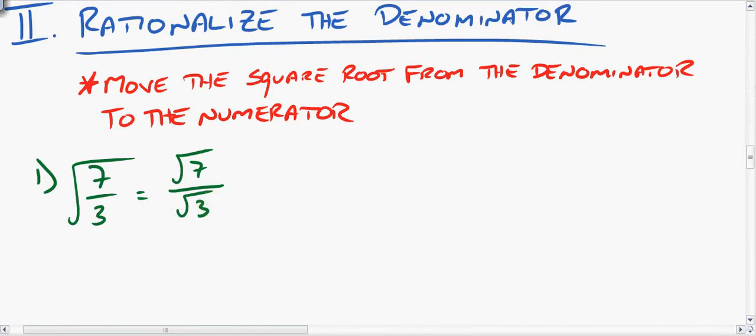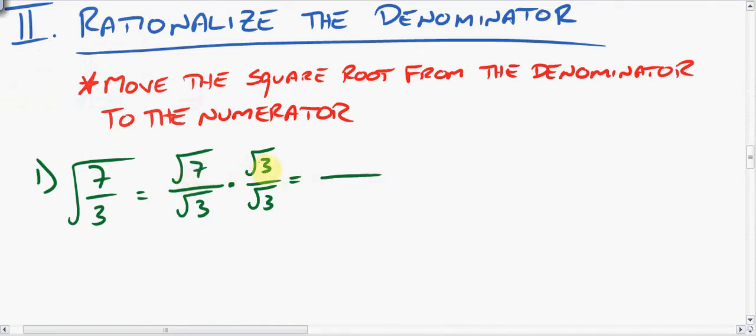So it's not perfect. So I'm going to multiply this whole fraction by 1, and I'm going to multiply it by the square root of 3 over the square root of 3. And by doing that, this is the number 1. I'm not changing the value at all of this problem, but I'm going to change the way it looks.